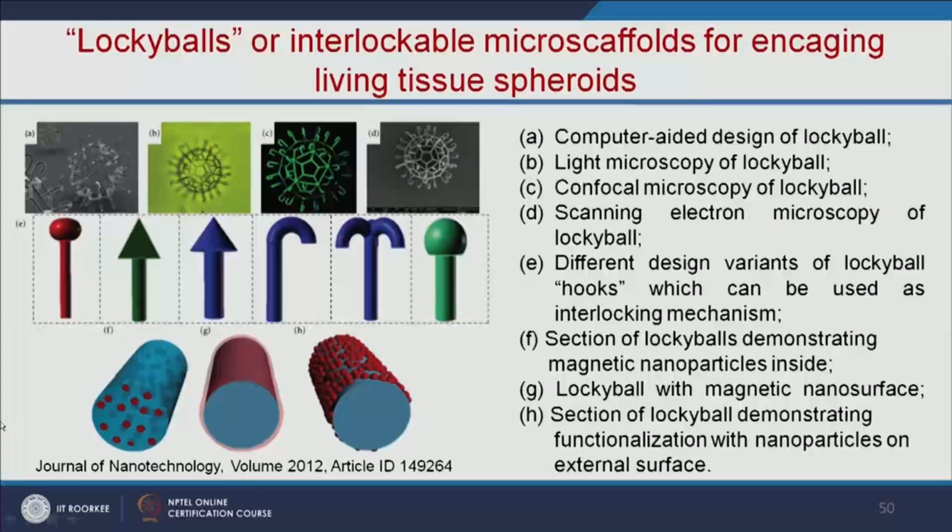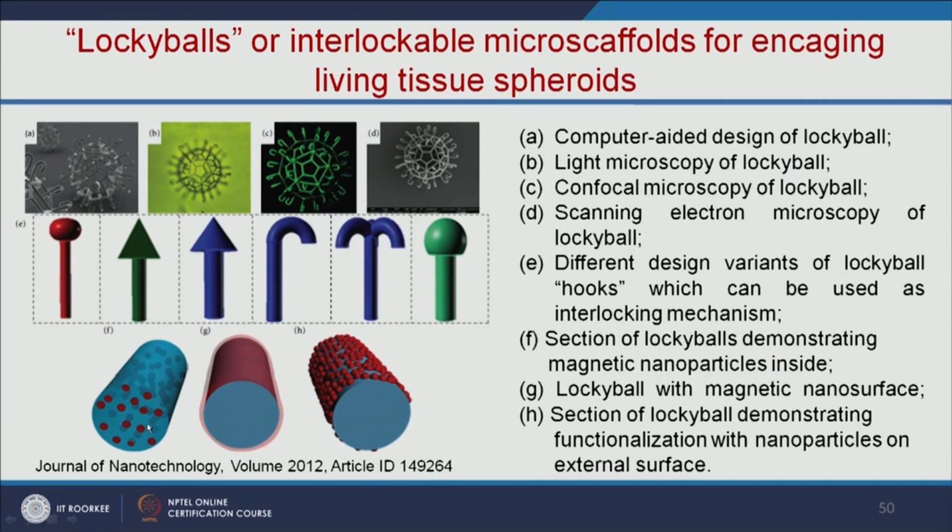We can make these lock and hook like structures, and we can make these kind of locky balls. These locky balls are interlockable microscaffolds for encaging the living tissue spheroids. Using this approach we can make these kinds of shapes, and in them we can load the tissue spheroids.